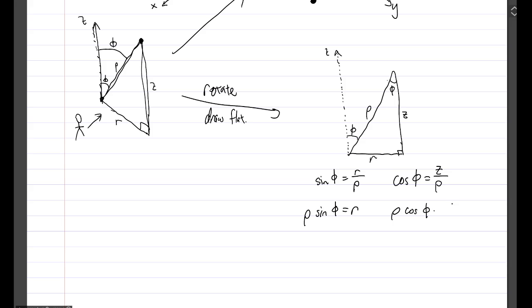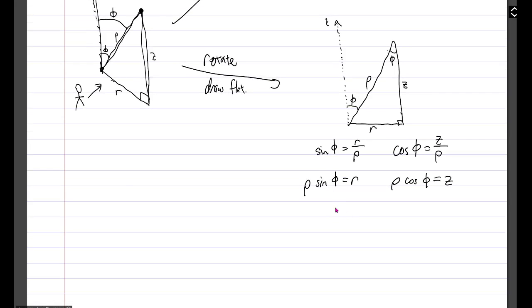So rho cosine phi is equal to Z. Okay. And then let's also recall back from polar and cylindrical, x is equal to r cosine theta. So this theta is a polar coordinate, it is a cylindrical coordinate, and it is a spherical coordinate. Okay, so x equals r cosine theta, y is equal to r sine theta.